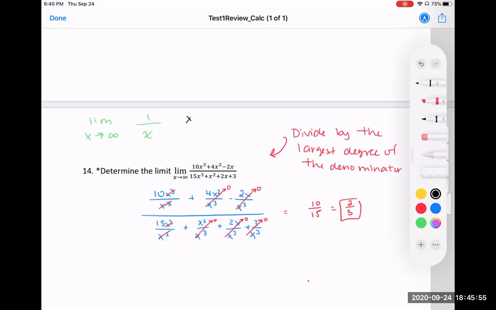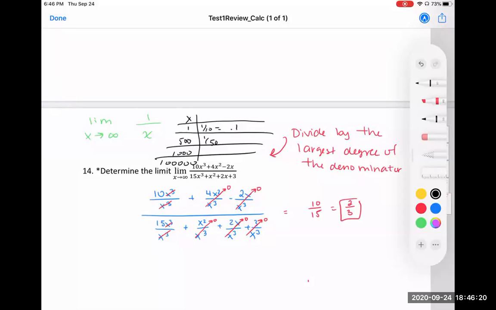If I pick an x of 1, 500, 1,000, 10,000, we see that we get smaller and smaller numbers. The first one, 1 over 10, is 0.1.